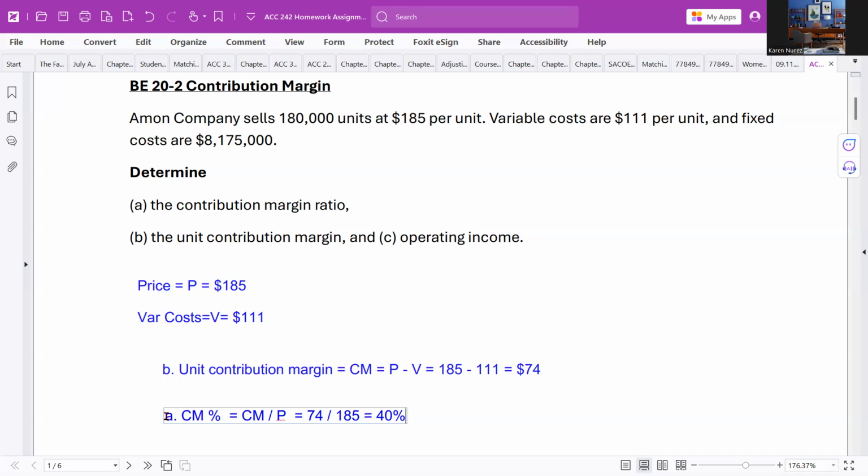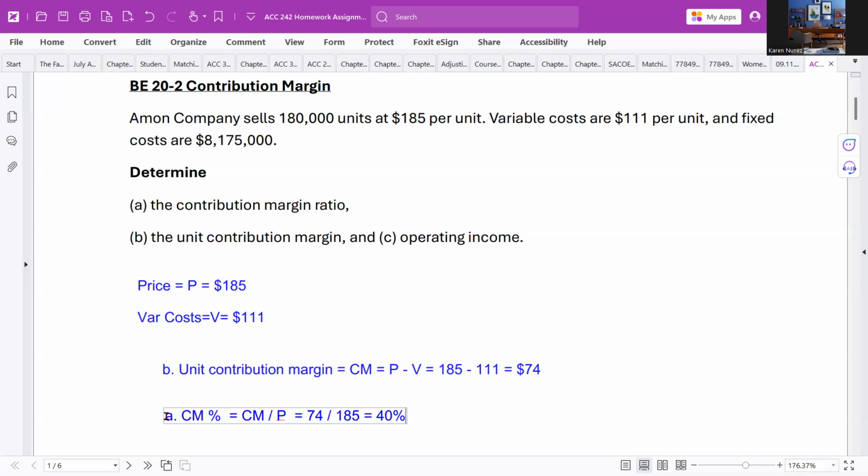Said another way, for every dollar in sales, you end up with 40 cents of contribution margin. And remember, the contribution margin is the contribution to the fixed costs and the profit. That's what we have. 40 cents on every sales dollar goes towards the fixed costs and the profit.